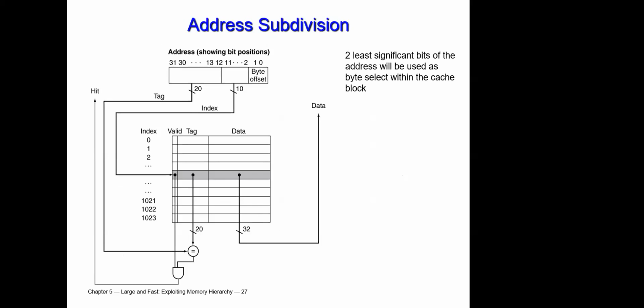In another sense, if I have my cache like this, and in this cache, I have all of these locations, how can I design my address scheme to basically address any data that is inside that cache.